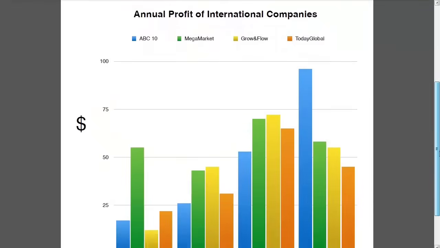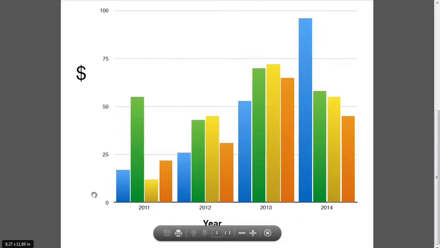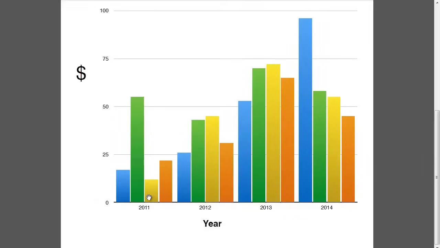For example, so then in our summary, we start by noting all this information that stands out. For example, we can see that in 2011, over here, the annual profit of Grow&Flow was the lowest, the yellow color over here.